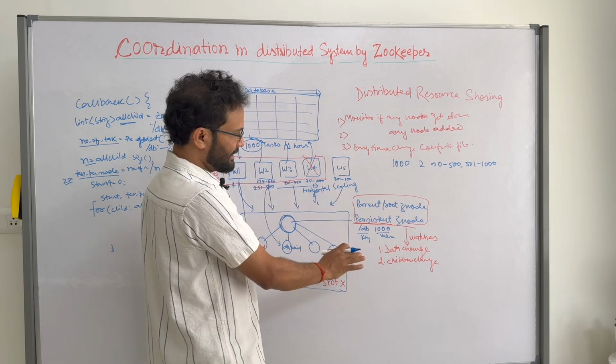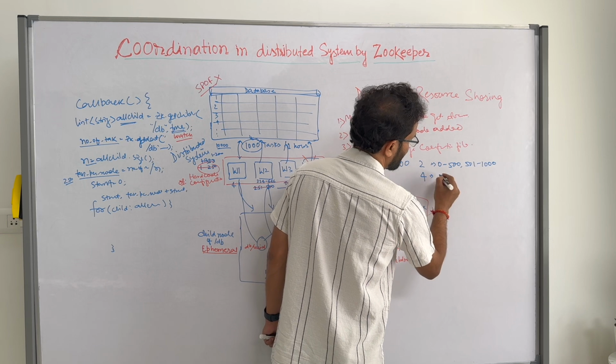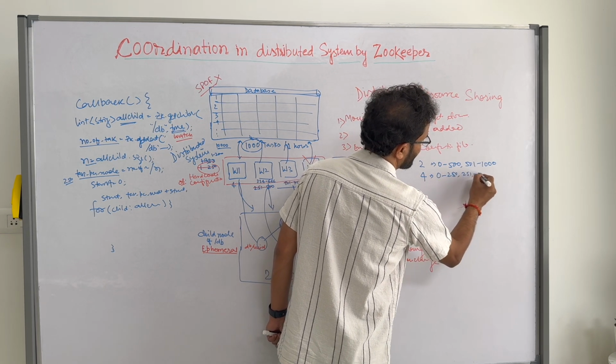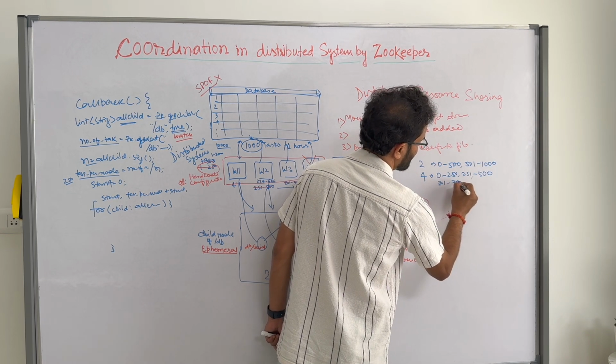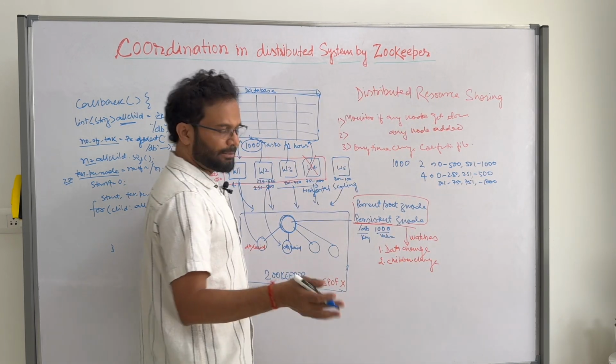Keep the 1000 the same, no need to change anything. Add two more nodes, and this will automatically change the ranges, up to 750 and 750 to 1000. That I will show in the code.